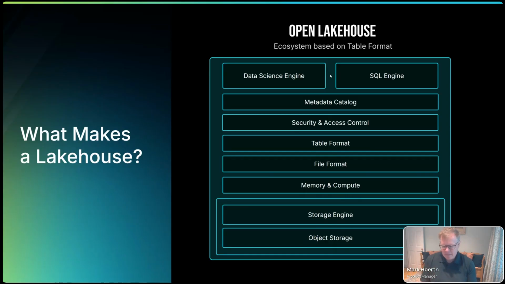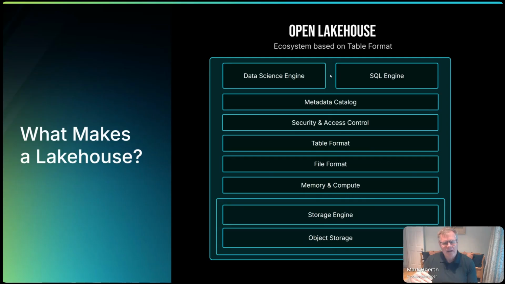At the bottom you can have S3, you can have a Parquet file. But on top of that, the Iceberg format unifies Parquet files into an intelligent file format that can tell you so much about the content of the file and can speed up query processing based on metadata.